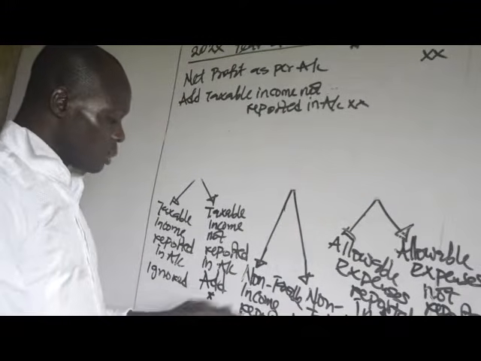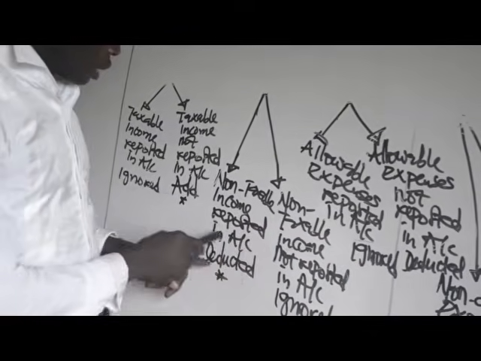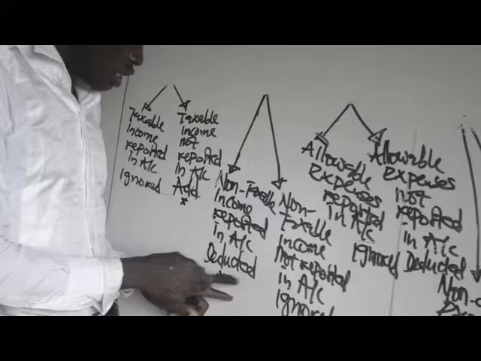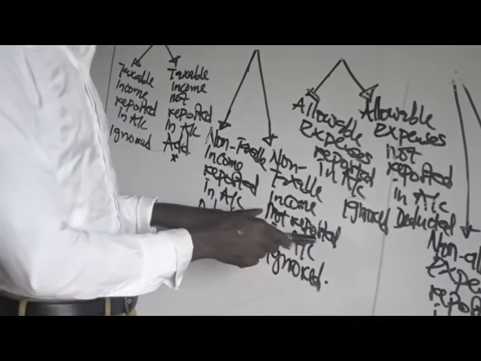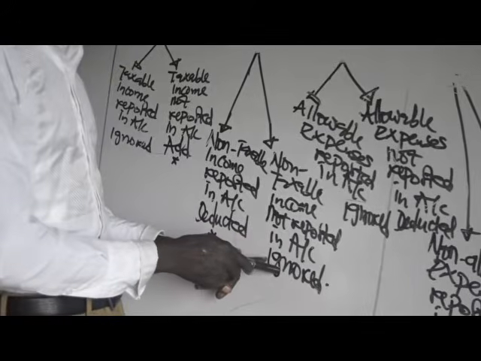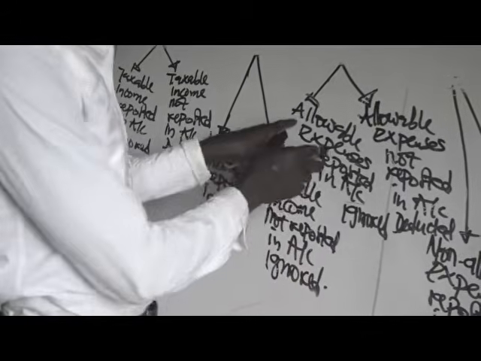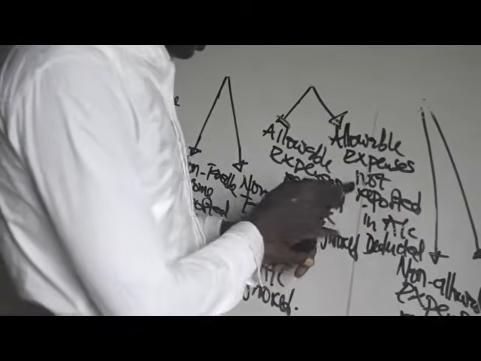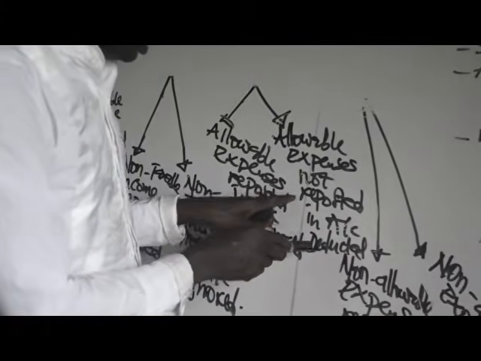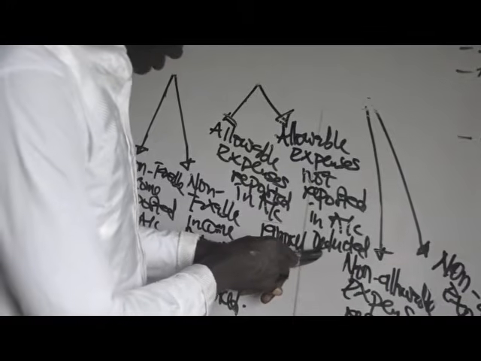We said not taxable income reported should be deducted. Then not taxable income not reported, we said this should be ignored. Allowable expenses reported, we said it should be ignored. Allowable expenses not reported, we said it should be deducted.